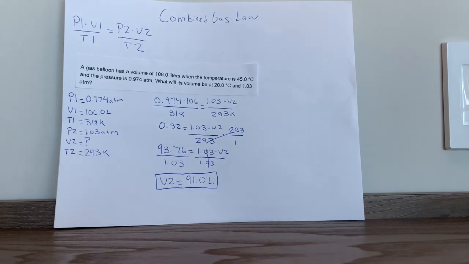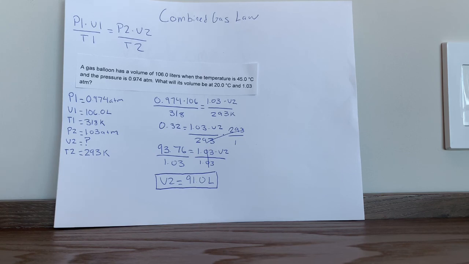First, we have 0.974 times 106 divided by 318 is equal to 1.03 times V2 divided by 293. First, we have to solve the left-hand side and get 0.32, and that will be equal to 1.03 times V2 divided by 293.